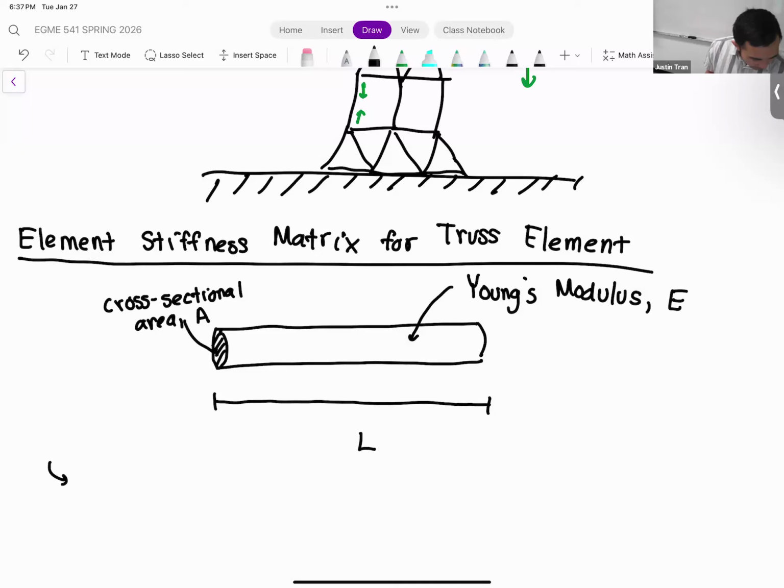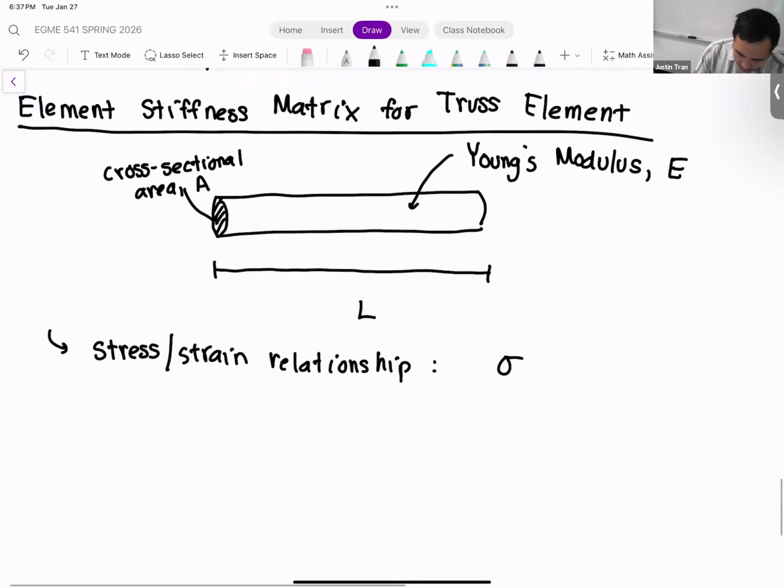The equation we have for this is a generalization of Hooke's law, but for a general material, not for a spring. The stress-strain relationship for a truss element is given by the following. Sigma, the stress in the truss, is equal to E, the Young's modulus, multiplied by epsilon, which is the strain.